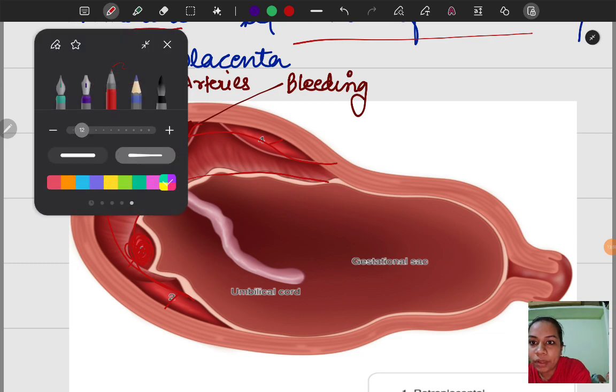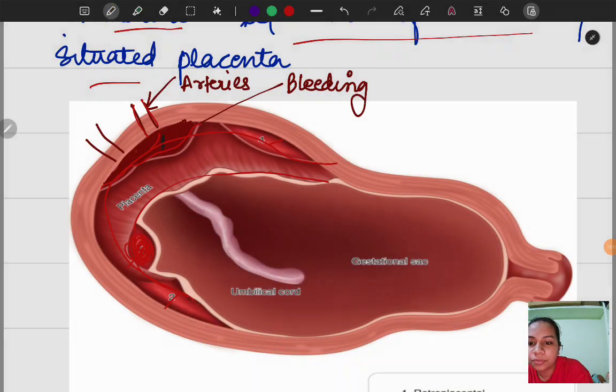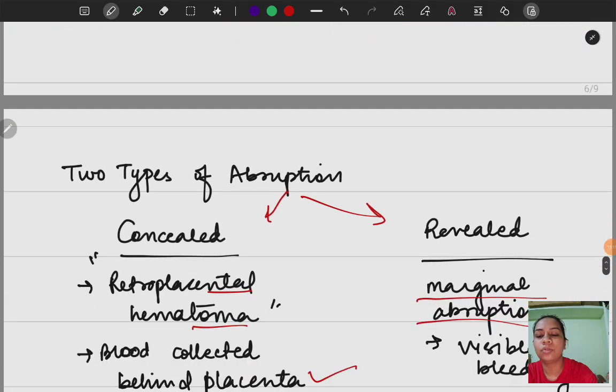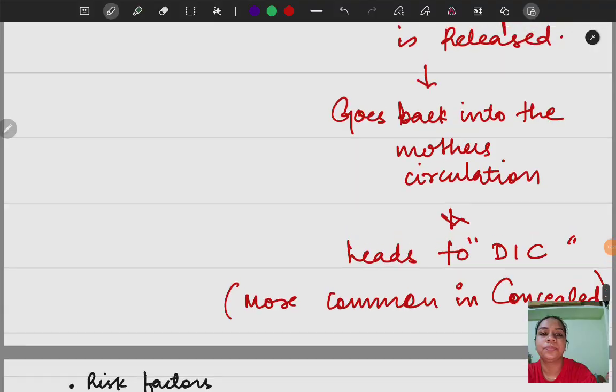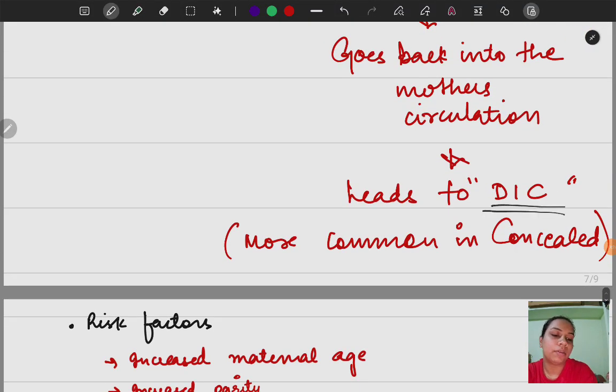Now it will go where? It will go back into the mother's circulation, and when it goes back into the mother's circulation, what will happen? It leads to DIC, disseminated intravascular coagulopathy, and it is more common in the concealed type. That is why the concealed type is the most dangerous one.